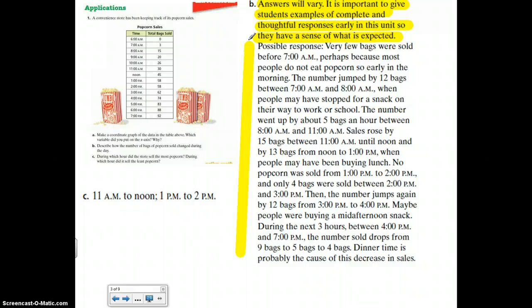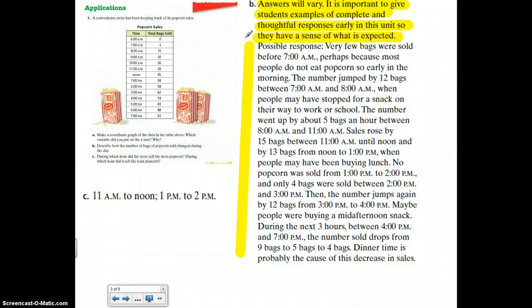Then they started to drop again as, I don't know, maybe people went back to work. It doesn't say where they were. Oh, convenience store. And then again, there was a jump for like snack time in the afternoon. And then the number of bags dropped until after dinner time, right?